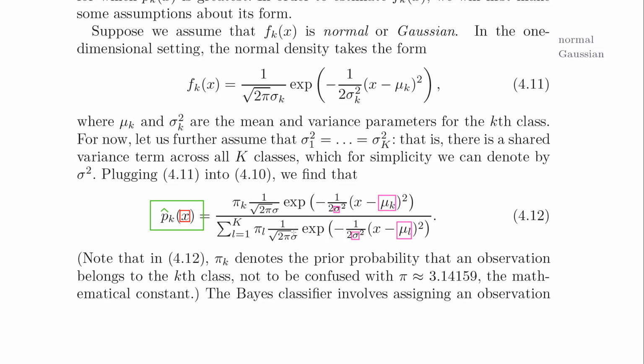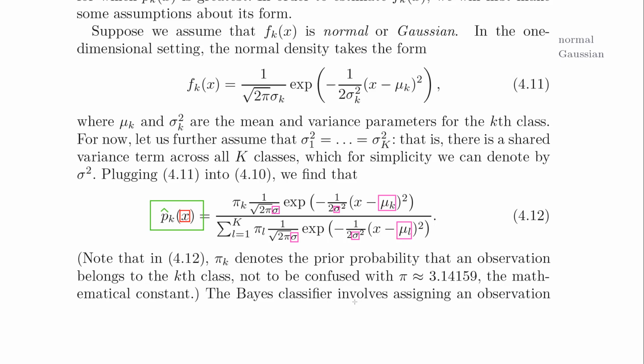If you know all the mu's, or all the means, and you know all the sigmas, then you can calculate this formula. You can compute this expression, you can evaluate it. Note that in 4.12, pi k denotes the prior probability that an observation belongs to the kth class, not to be confused with the ratio of the circumference to the diameter.